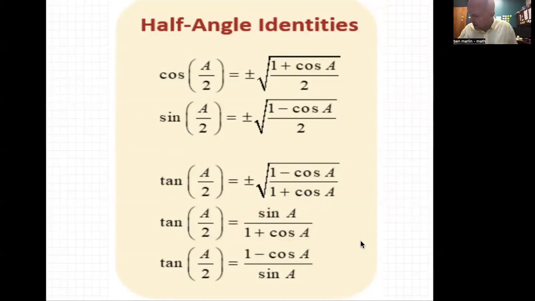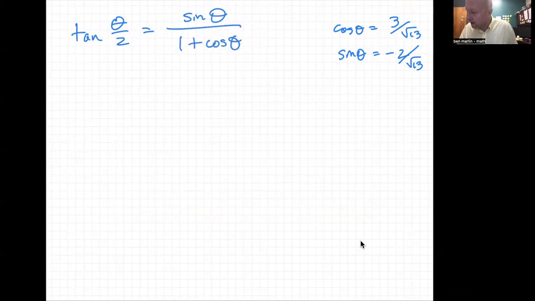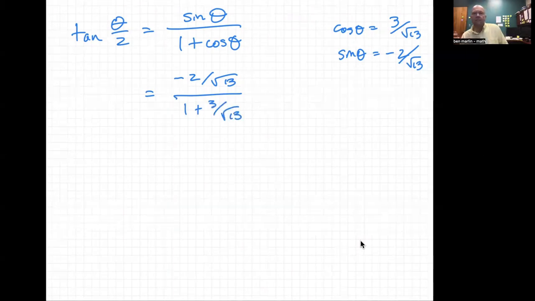Okay. So I'm writing this down as sine theta over 1 plus cosine of theta. So negative 2 over the square root of 13 over 1 plus 3 over the square root of 13.